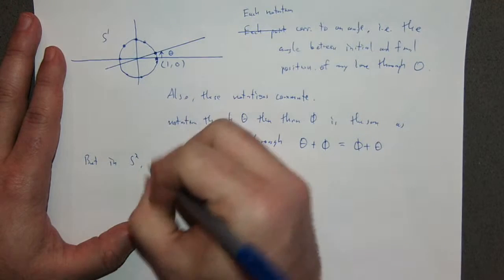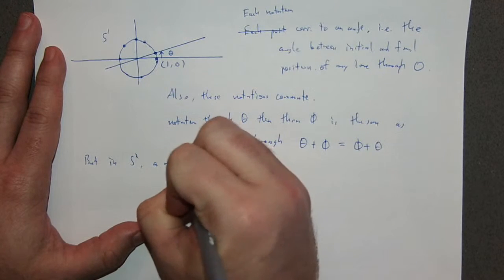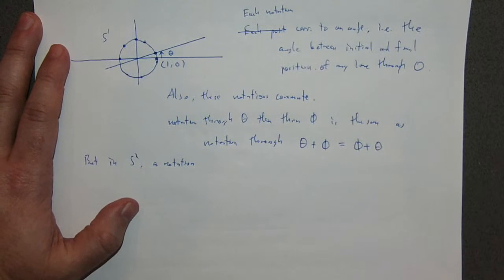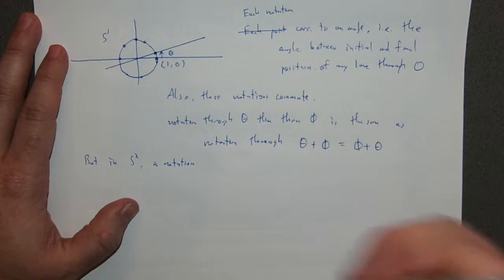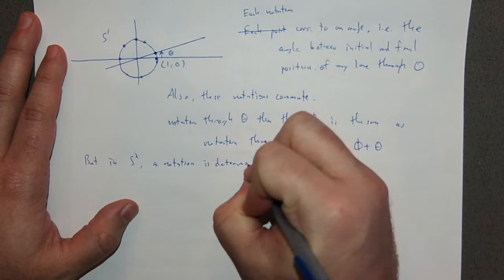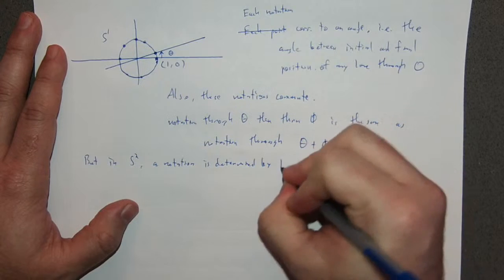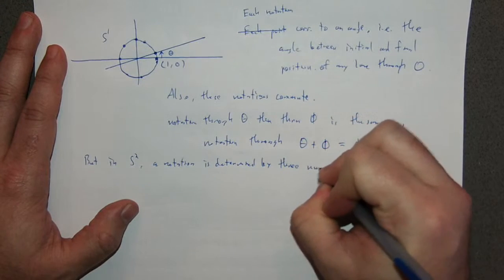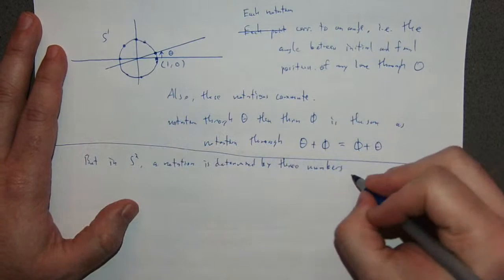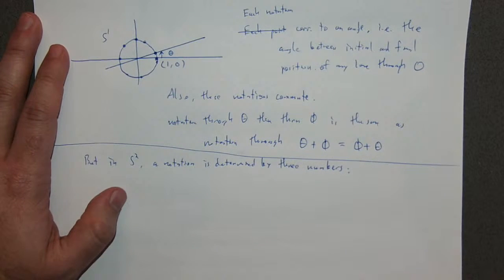Okay. All right, but in S2, a rotation is not determined by a point or one number. It depends on three numbers. So a rotation is determined by three numbers. Those three numbers are two angles that give the direction of its axis and the amount of turn about this axis.